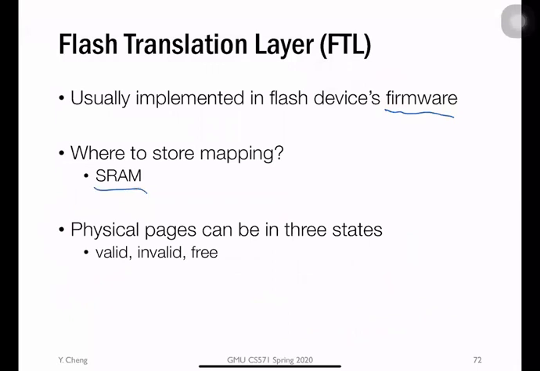Again, the physical pages within the flash device can be in one of three different states: valid state, invalid state, and free state. Let's see how operations transition a page from one state to another.